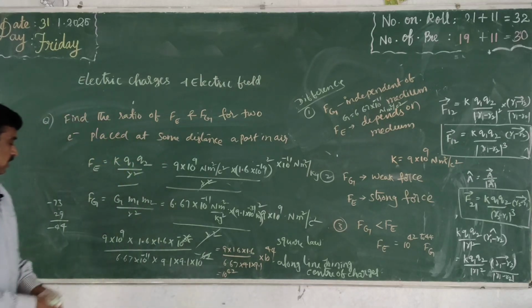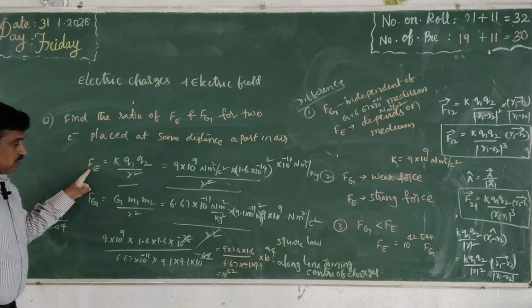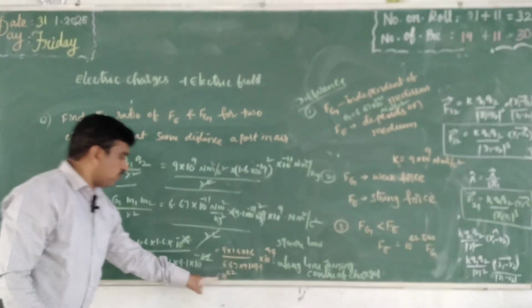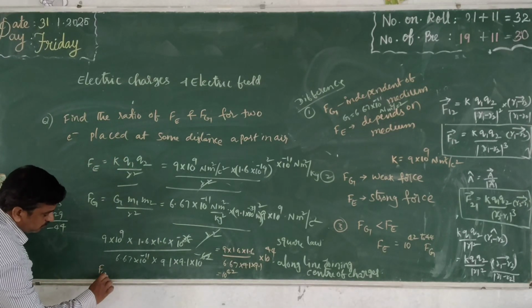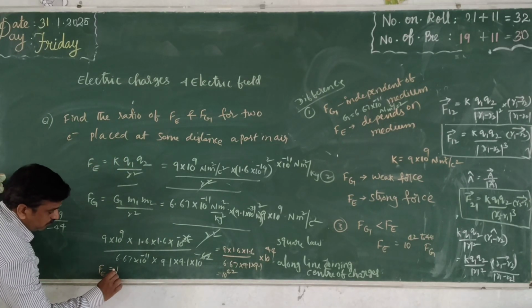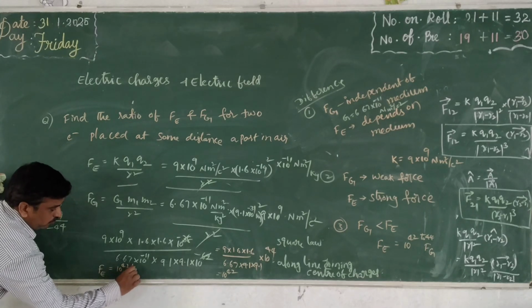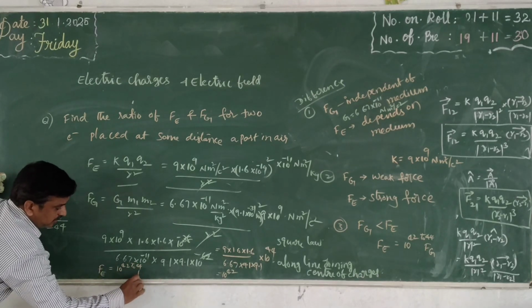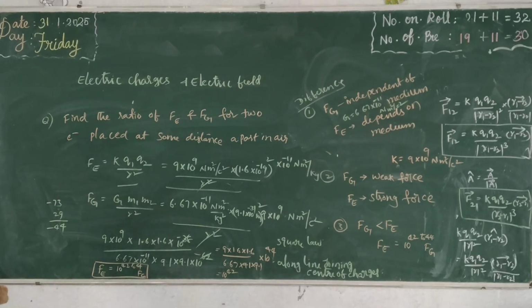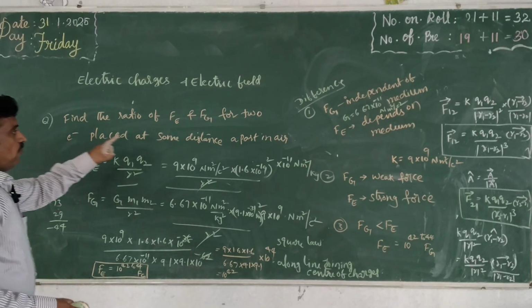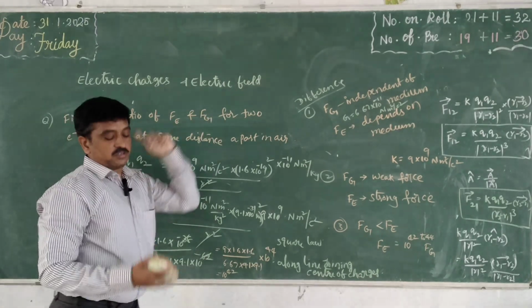So the electrostatic force is 10 power 42 to 44 times greater than the gravitational force. This is the ratio of electrostatic force and gravitational force.